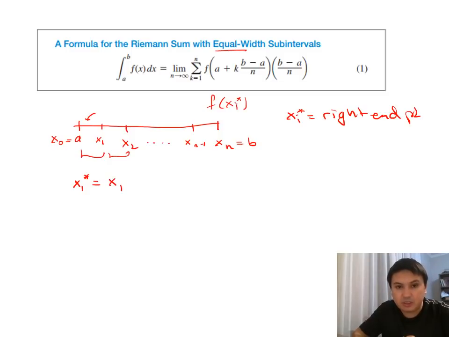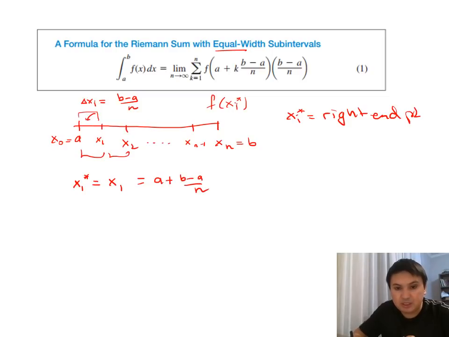This is for equal widths, so each interval is of equal length, which means delta x is nothing but (b minus a) over n. So I start from a, and if I move to x_1, x_1 is (b minus a) over n distance apart, which means x_1 can be found from x_0: a plus (b minus a) over n.